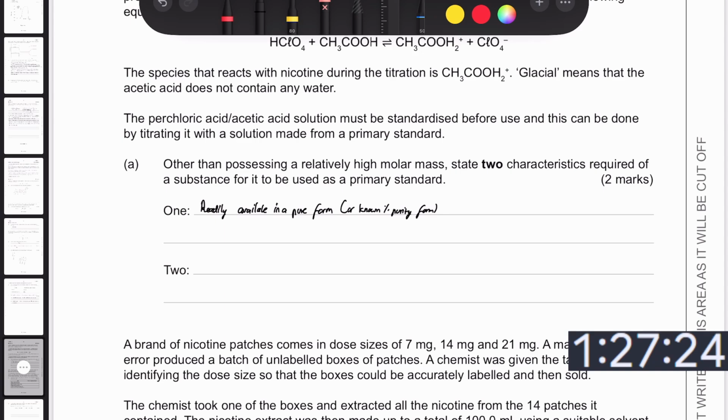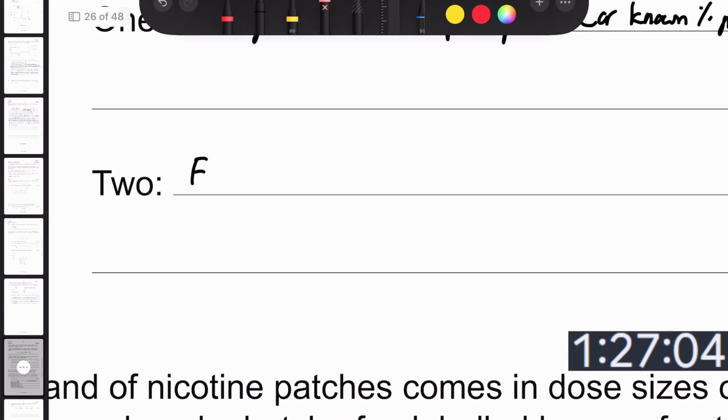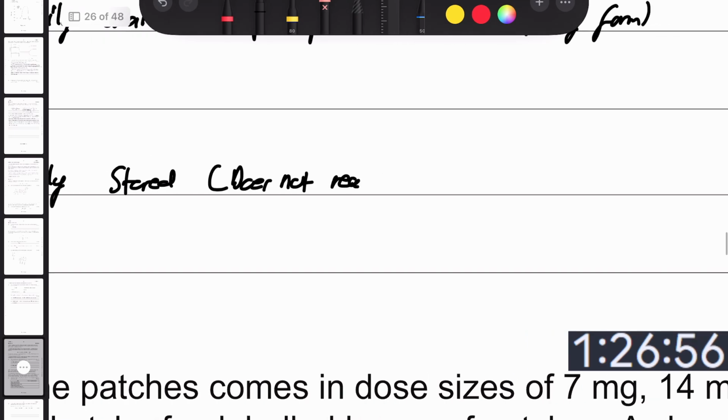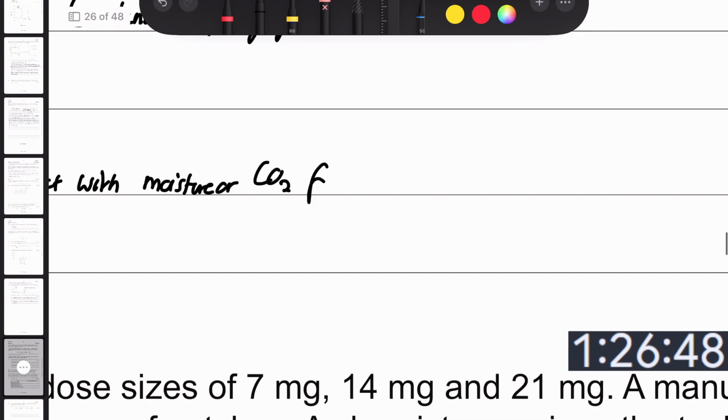Another one, it must be stable when being stored. Easily stored. Does not react with moisture or CO2 from the atmosphere.